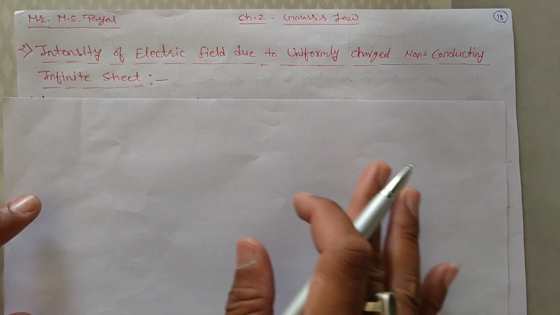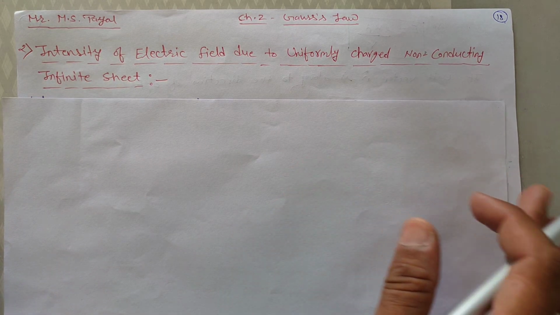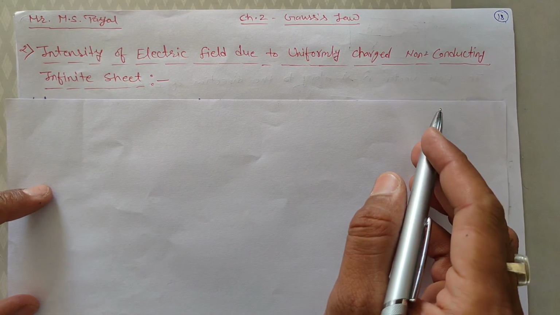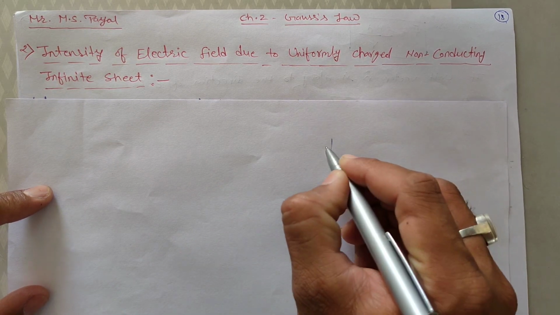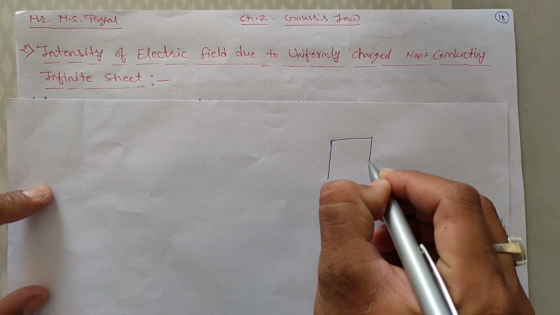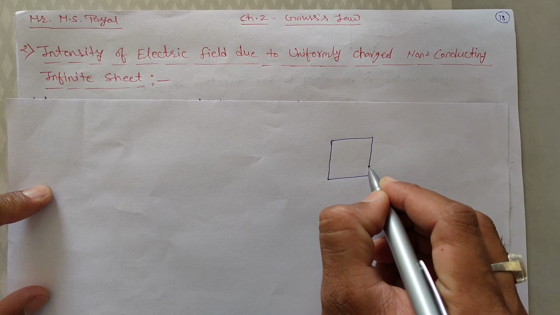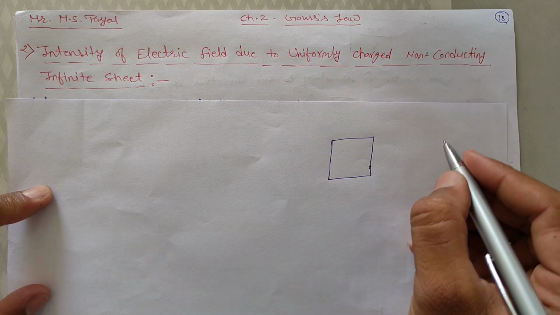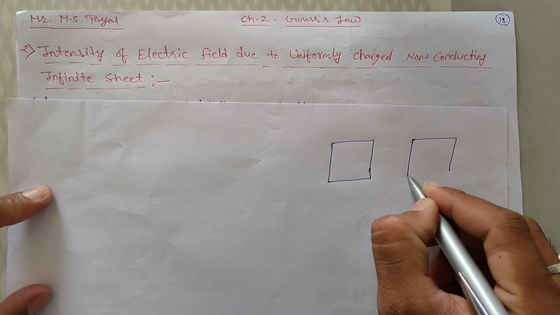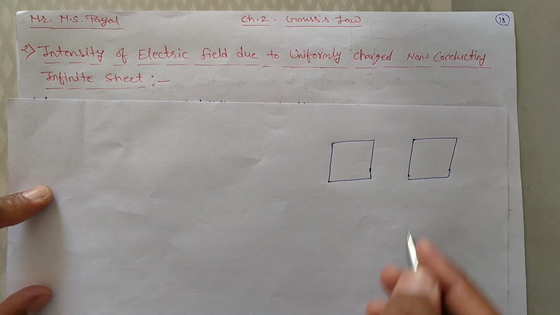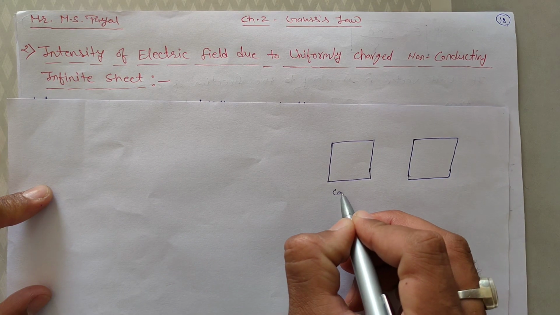The main difference between a non-conducting and a conducting sheet: suppose we have a conductor, which means a conducting sheet, and another sheet which is non-conducting.